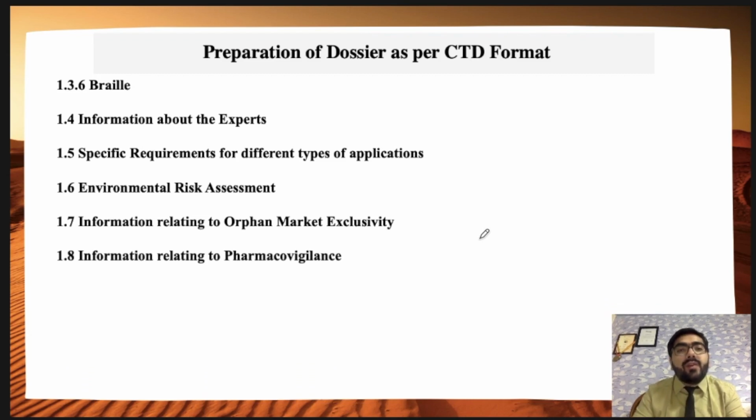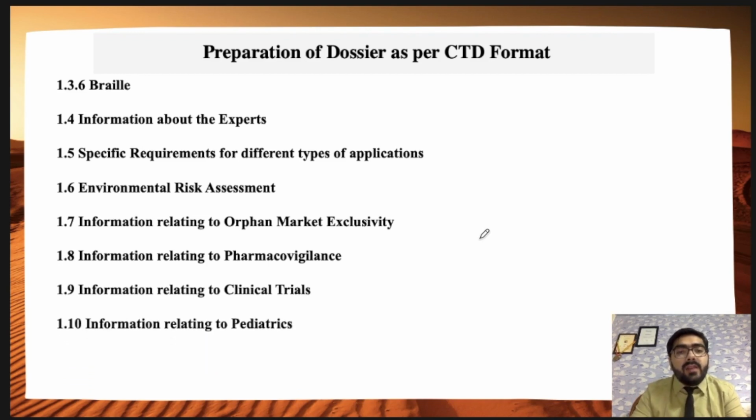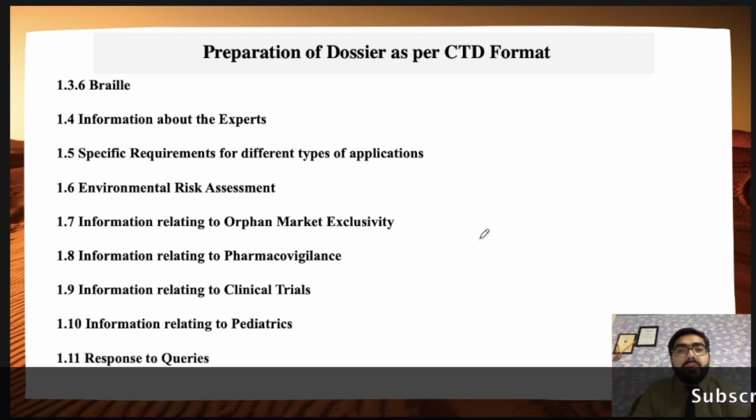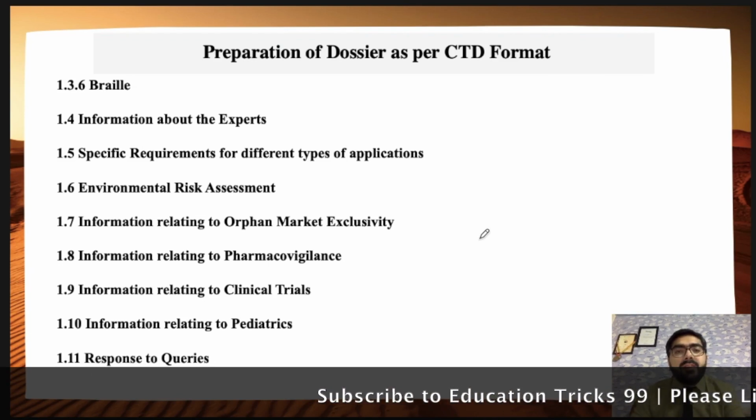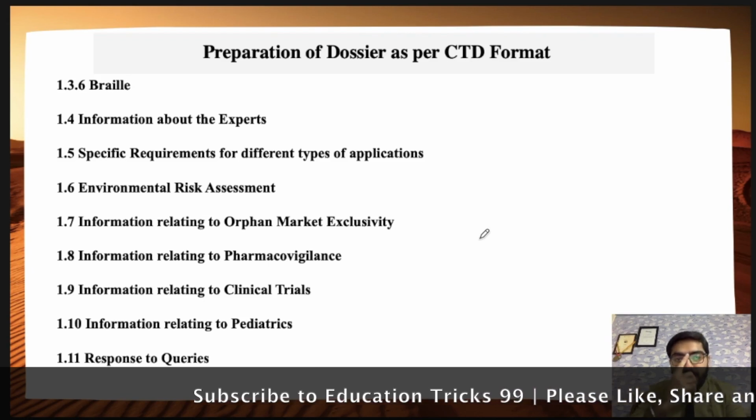Information related to pharmacovigilance, like what are the different side effects or adverse effects of the drug product, we have to also mention in the module 1. And information relating to the clinical trials, then information relating to the pediatrics, and response to queries, whatever queries are there by the agencies, we also have to respond over there.